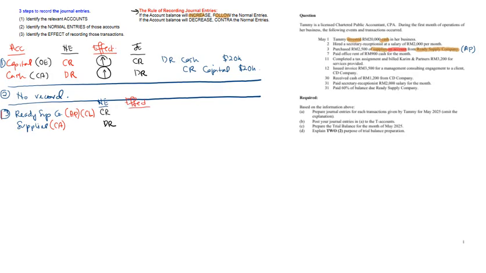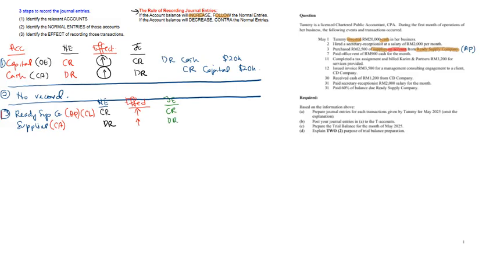Your current liability will be higher, meaning you have obligation to pay back to Ready Supplies company in the future. Your supplies in the storeroom will also increase. So both increase, and we're going to apply the first rule by recording and following exactly the normal entry. So we just copy back credit and debit.